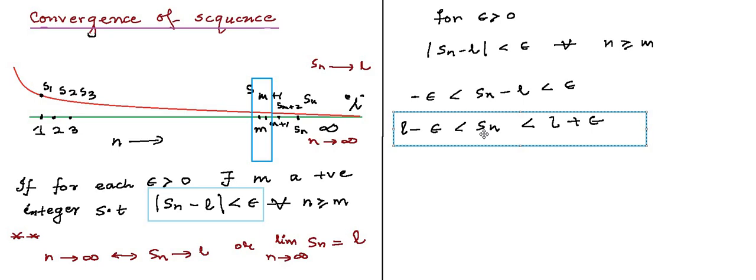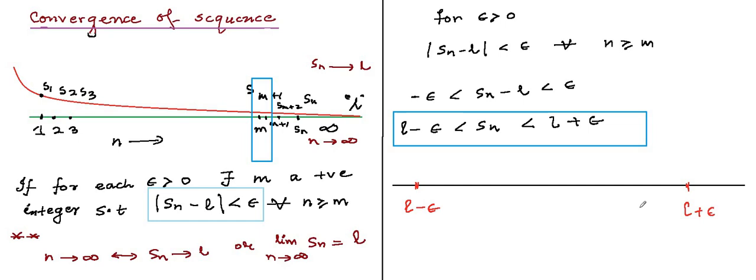If we want to plot this on the number line, I know that L minus epsilon and L plus epsilon are real numbers. Let's plot these numbers. L minus epsilon will lie on the left-hand side because it is the smaller number, and this will be L plus epsilon. Sn is sitting between them.